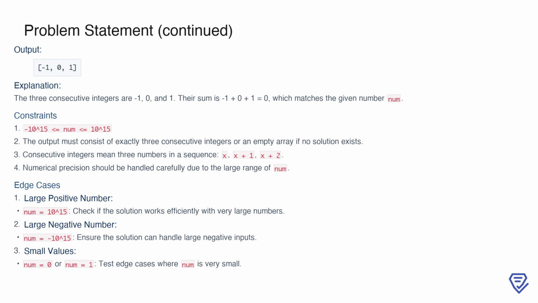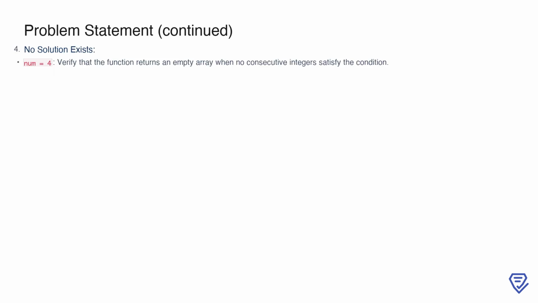The output must always consist of exactly 3 consecutive integers or an empty array if no solution exists. The constraints further emphasize that the 3 integers must form a sequence, such as x, x plus 1, and x plus 2. This means the numbers must follow each other in order without gaps. For edge cases, the solution must handle extreme values, like number equals 10 to the power of 15 or number equals -10 to the power of 15, efficiently.